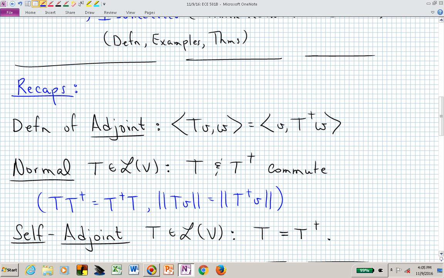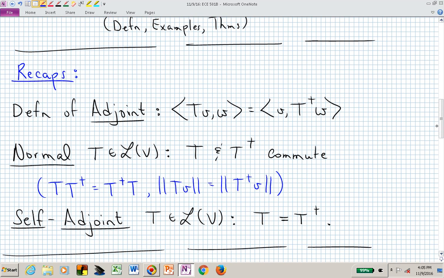You can just look at it in the obvious way, where T times its adjoint is equal to its adjoint times T. Or you can think about preserving norms, where now for the same vector v, if you take the norm of Tv and compare that to the norm of the adjoint of T with v, they're equal if that operator T is normal. So you sort of keep the norm normal, a way to maybe think about it or remember it.